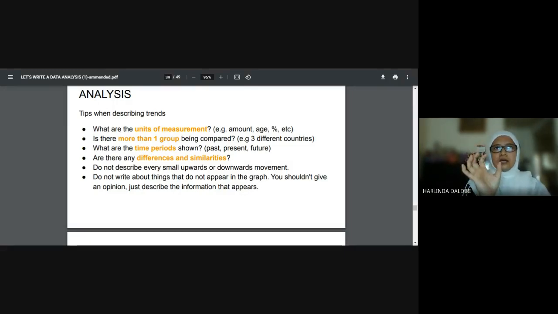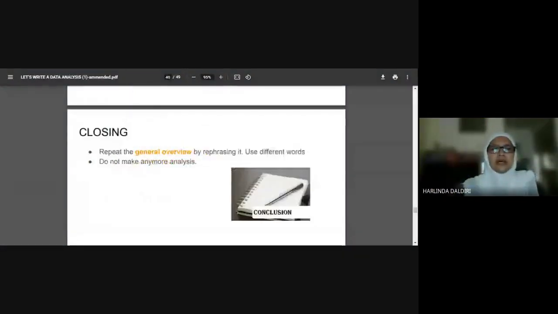So when you see the numbers increase or decrease, you don't have to relate to any situation or give reasons, such as saying many people do not like this item because the item is bad or not useful. No, you don't give any reason, because it's not needed, it's not important. Although your reason is logical, please do not give any reasons.